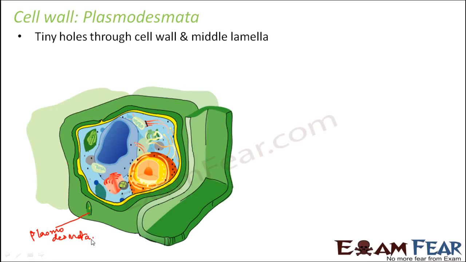So for that purpose, there are tiny holes through the cell wall and middle lamella through which their cytoplasms can get connected. So it connects the cytoplasm of adjacent cells. So this is your cytoplasm, and through this hole it will get connected on this side with the adjacent cell. So they can exchange materials through these tiny holes.